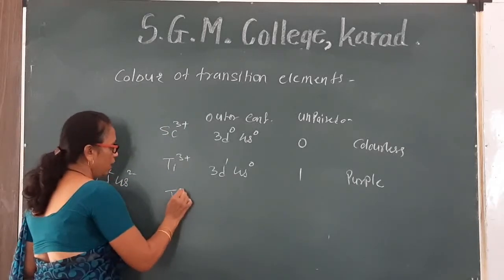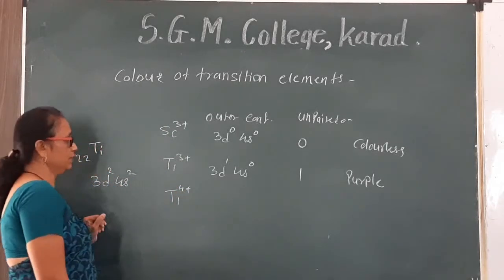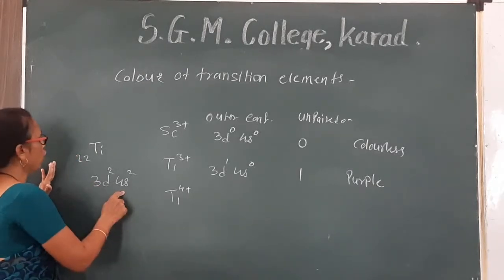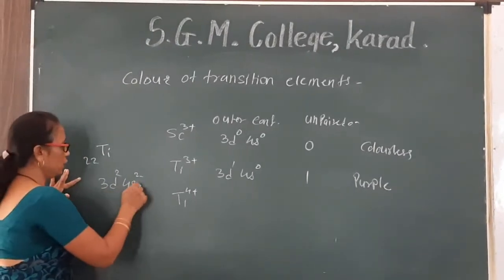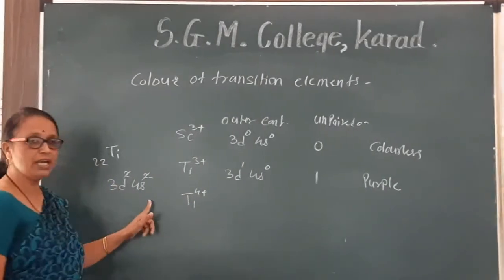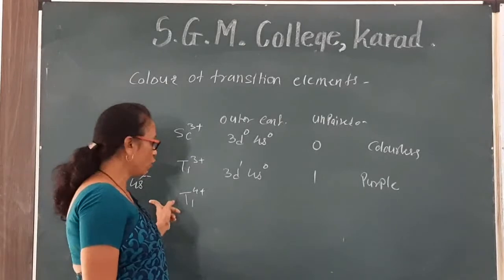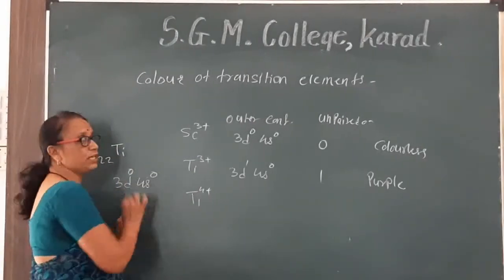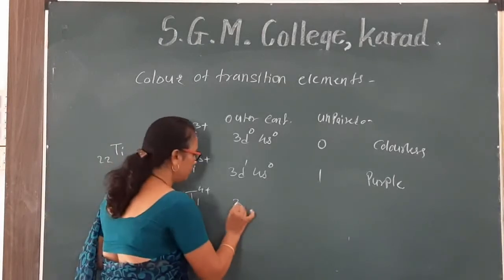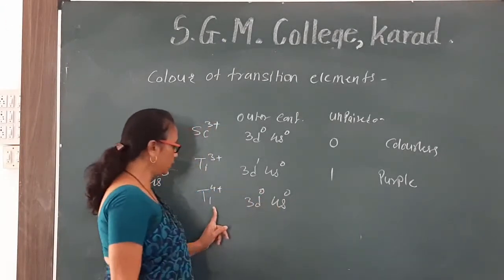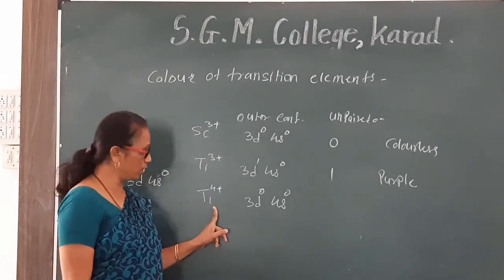Then Ti 4+. This is the configuration 3d2 4s2 for Ti. In Ti 4+ all the electrons from 3d and 4s are lost. As all the electrons are lost, it becomes 3d0 4s0, the outer electronic configuration of Ti 4+.